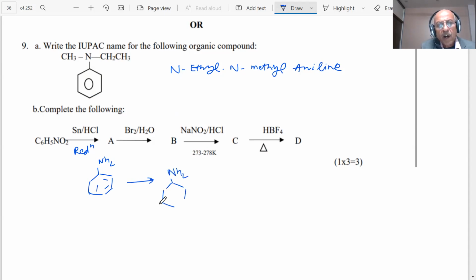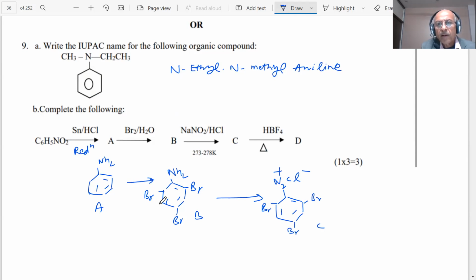There will be 3Br, highly activating group. It is highly activating. So this is our A. This is our B. Then NaNO2, N2 plus Cl minus. This is our C.